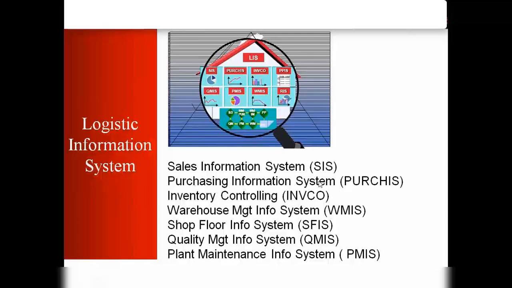Then we have purchasing, where you can have purchasing specific reporting, then inventory, warehouse management, shop floor controlling, which is for the SAP PP module, production planning, and quality management and plant maintenance info system. These are the different reporting systems that fall under one folder, which is known as the logistic information system.